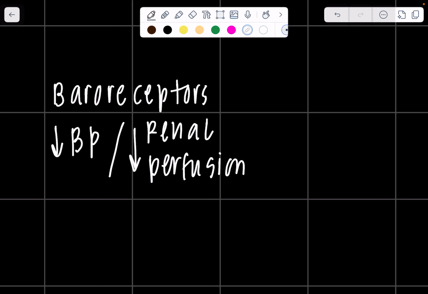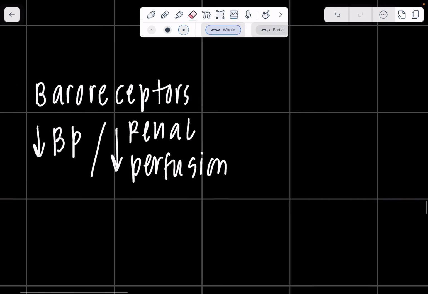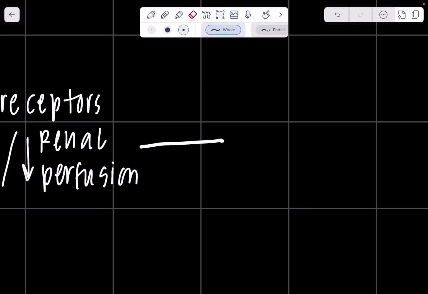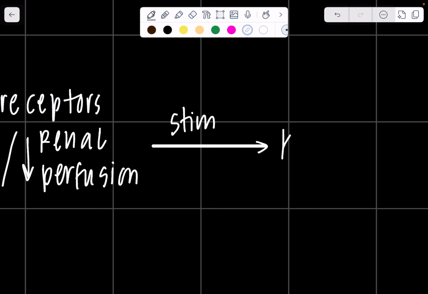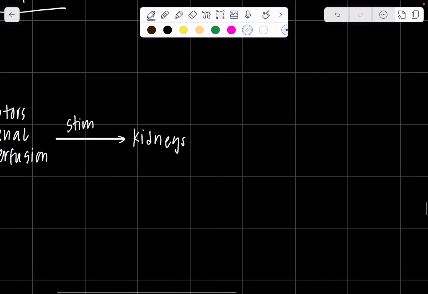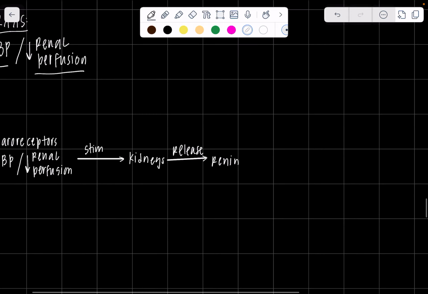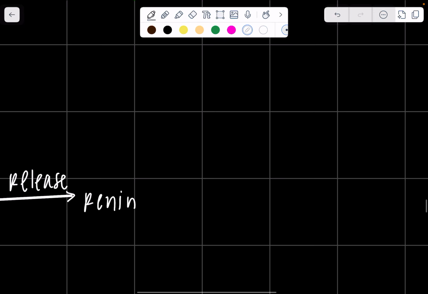Once they sense this is happening, they will stimulate our kidneys, and our kidneys will go ahead and release renin.